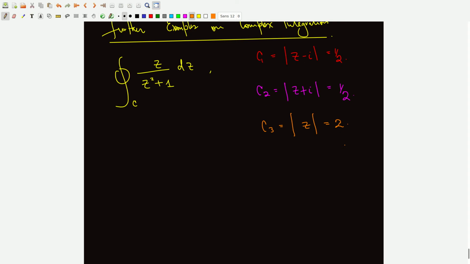Okay, so in solving integrals of this form, we make use of Cauchy's integral formula.